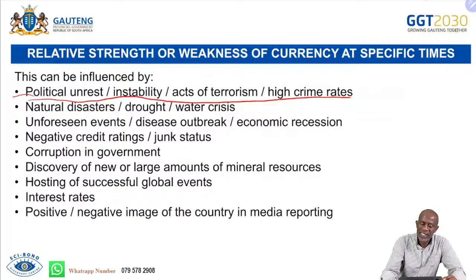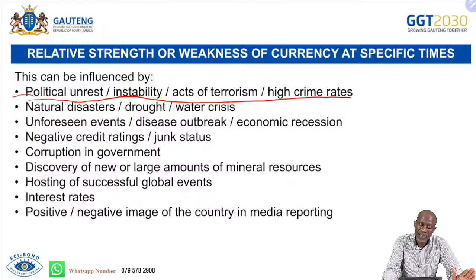So this will weaken the currency. Natural disasters, drought, water crisis, like in the same scenario of political unrest, will scare away tourists. So this has an impact on the strength of the currency.